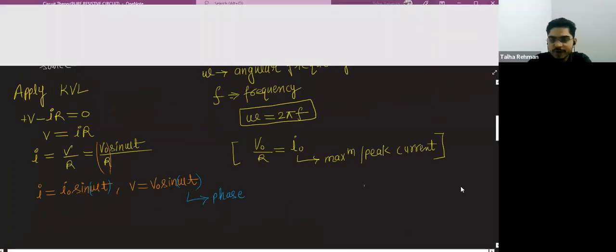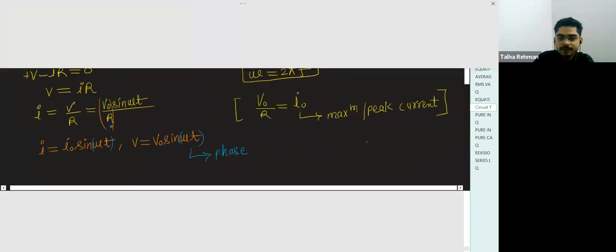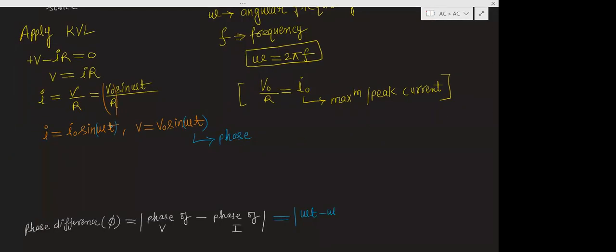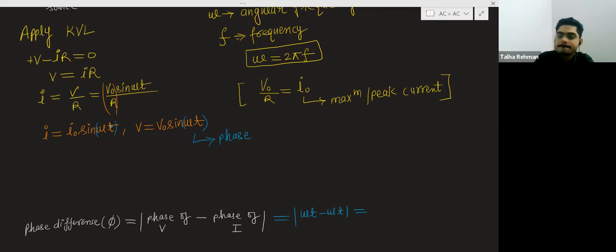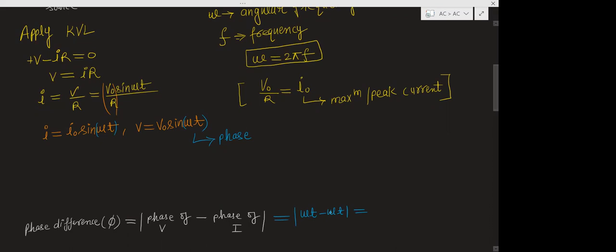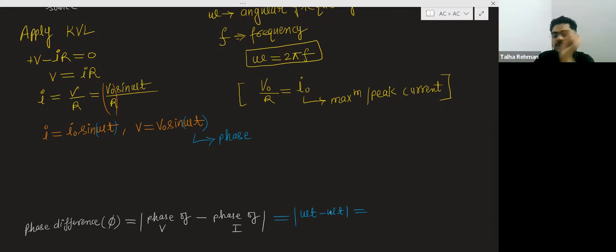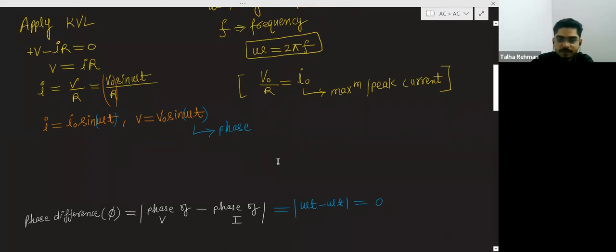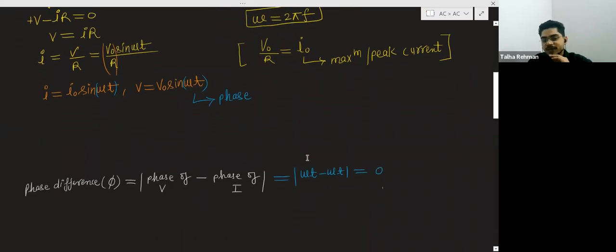So this is omega t. What is the phase of the current? Omega t. So your answer will be omega t minus omega t, which is 0. If you are writing 1 minus 1, that will be 0. Omega t minus omega t is equal to 0. So the phase difference between the current and the voltage is equal to 0.